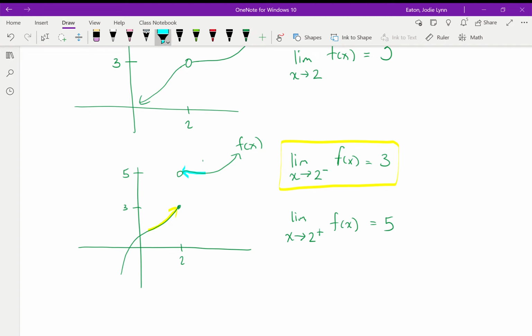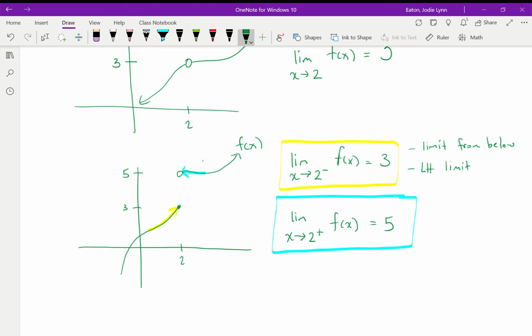Okay, so this is our blue one. So we can call this one right here the limit from below, or the left-hand limit. This one can be called the limit from above, or the right-hand limit.